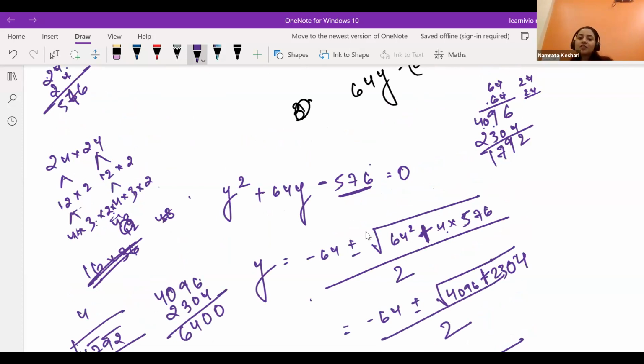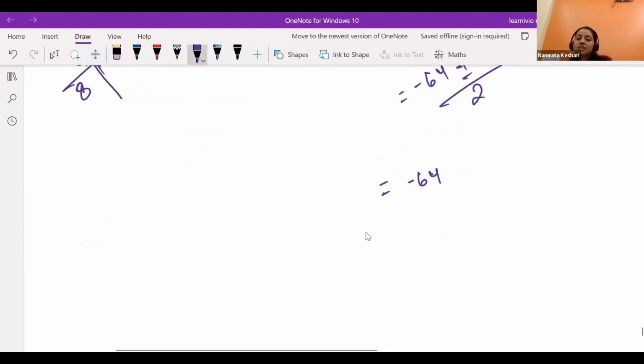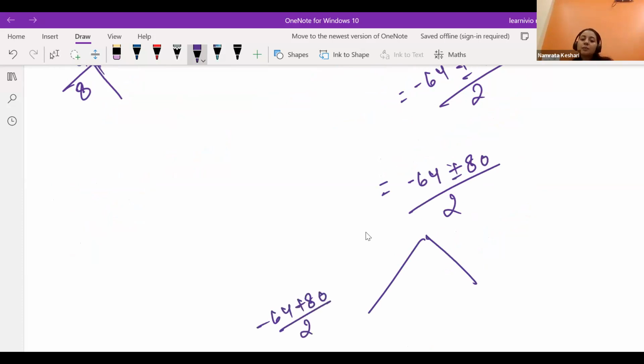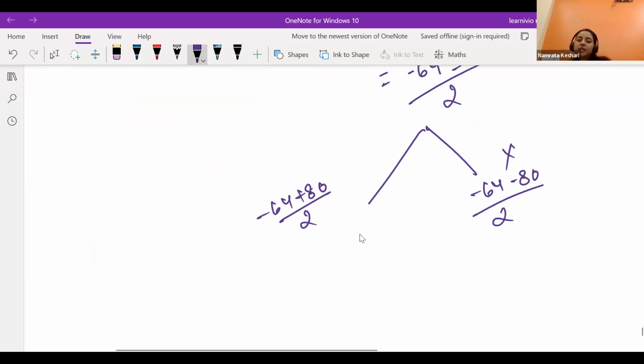And when you add them, it becomes very simple. 6400, we don't even have to think whether it's a perfect square number or not, because it is a perfect square: 80. So minus 64 plus minus 80 by 2, and from here we get our two roots: minus 64 plus 80 by 2 and minus 64 minus 80 by 2. The speed will not be negative, so we take the positive speed. 64 and 80, 16 by 2, 8 kilometer per hour.